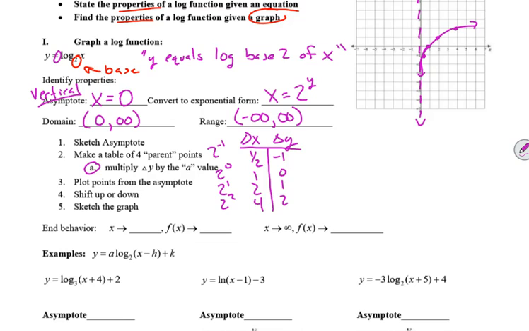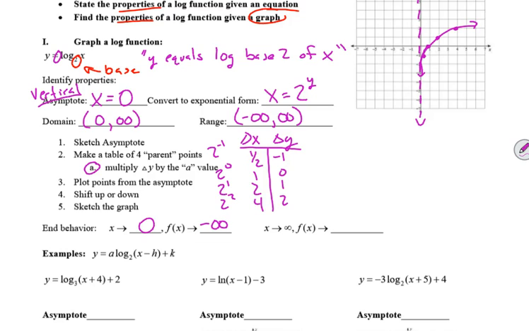We can talk about the end behavior. So we can talk about as x approaches. See, x will not approach negative infinity. It will approach the asymptote. So whatever my asymptote is, that's what's happening on the left side. X is approaching 0. What is y doing? It's going down. So I'll say negative infinity.